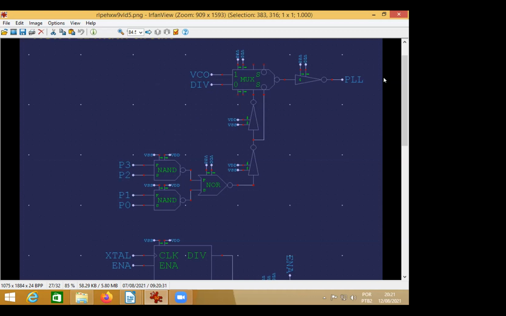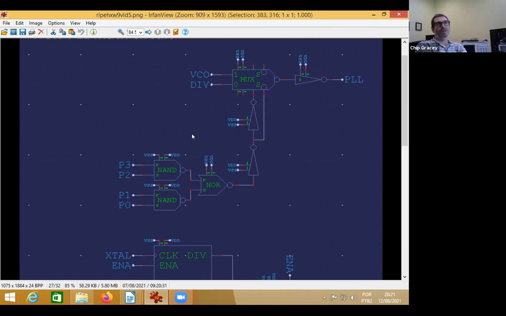So the PLL will not have the glitch because the div will cover the shorter pulses. Yeah, I don't know. I'd have to really look at the rest of the schematic and try to reason it out and then run some tests. I am just not really sure.